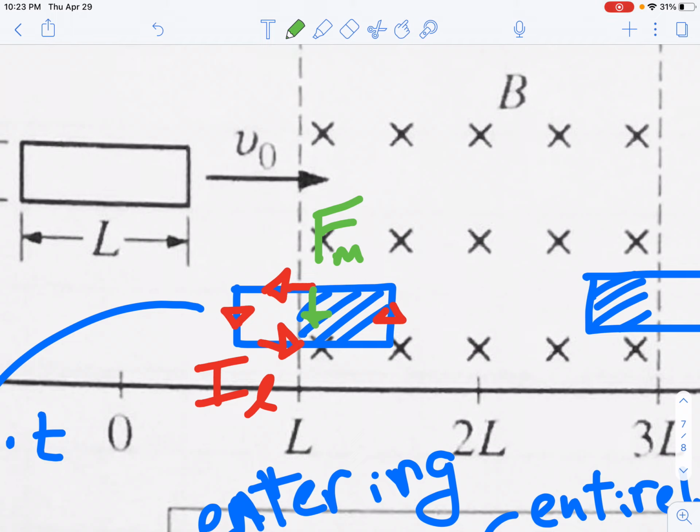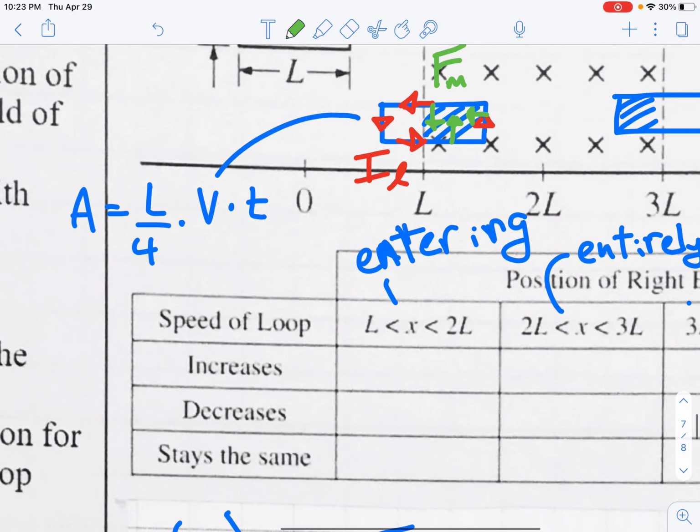On the bottom, you point your fingers to the right and curl them into the page, and here, the force is up. On the right side, you point your fingers up in the direction of current, curl your fingers into the page, and you get a magnetic force which is left, okay? The top and bottom sides cancel by symmetry, and the net force is going to be to the left, which is the opposite direction of velocity, and so this will decrease the speed.